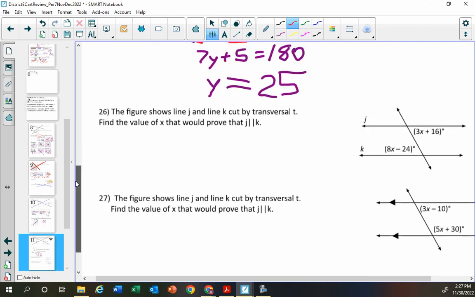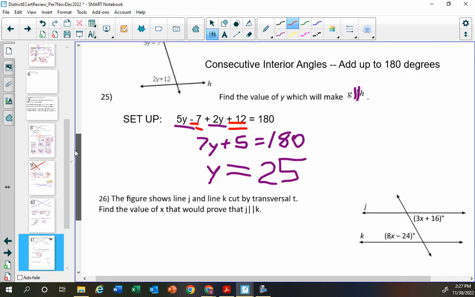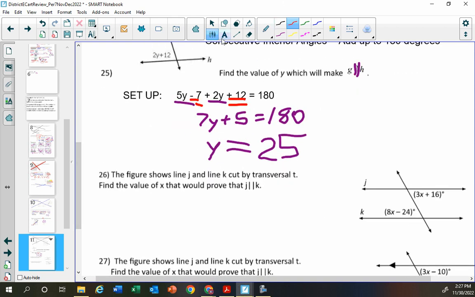Okay, 26, similar to 25, but what's the difference here? What type of angles do we have? Well, I want one of you two to answer this one. Parallel lines. Okay, we got parallel lines, but again, they're interior.